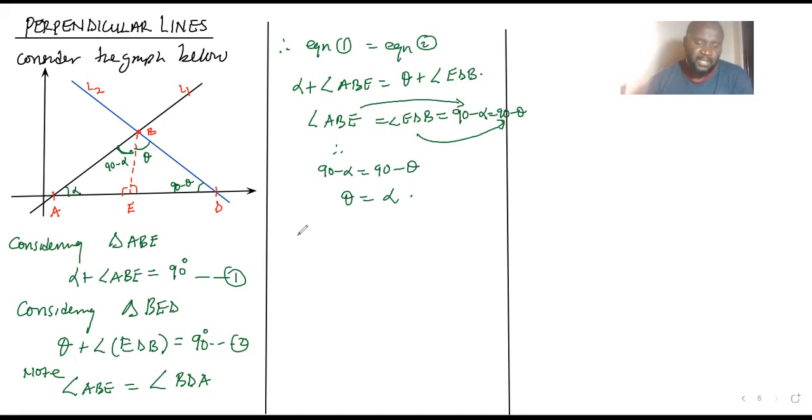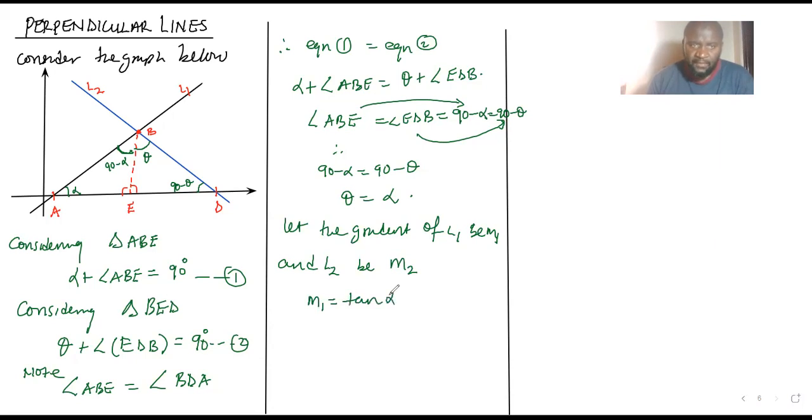So if theta is equal to alpha, we can now see that if you let the gradient of L1 be M1 and that of L2 be M2, then we shall have M1 is equal to tan alpha.